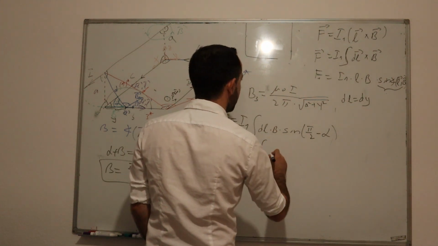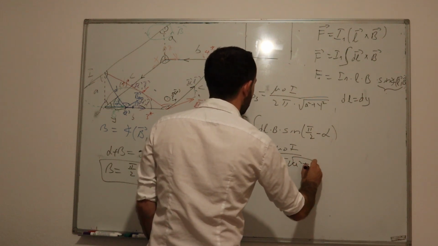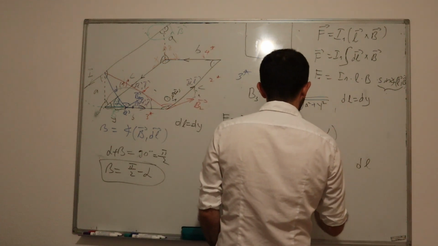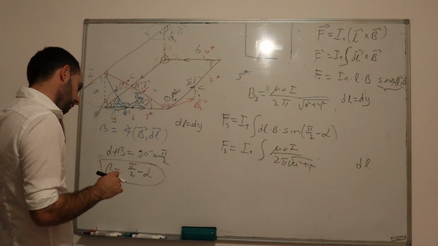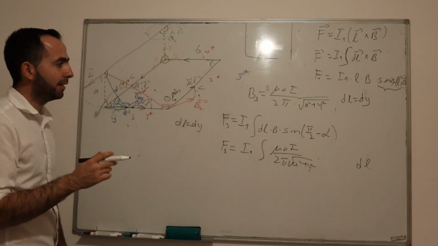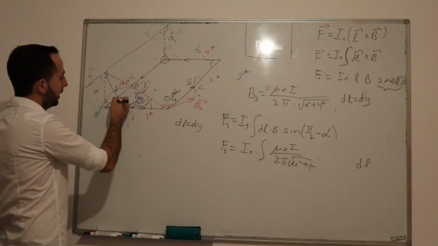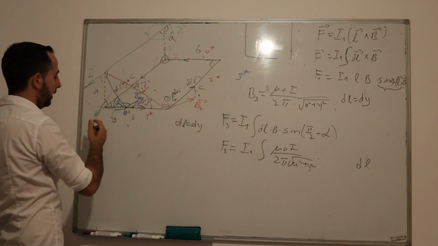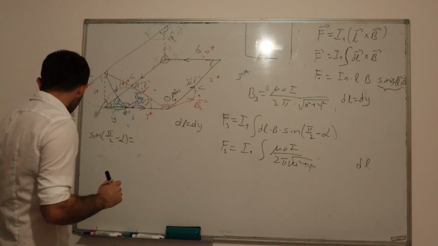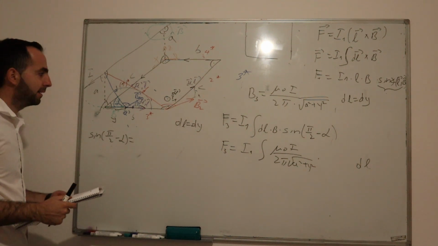Firstly B, mu0 I over 2 pi square root of a squared plus y squared, and dl will be last. But what is sine of pi and a half minus alpha? We need to write it strictly as a function of alpha, because we can calculate sine or cosine of alpha.